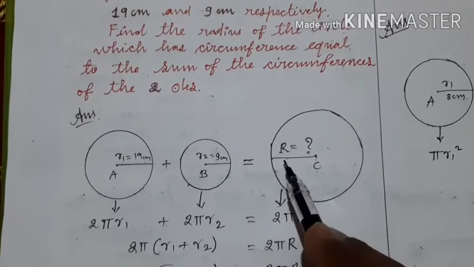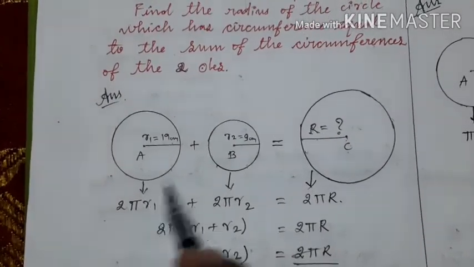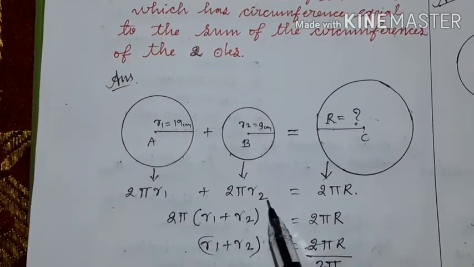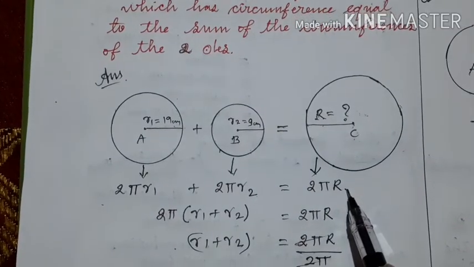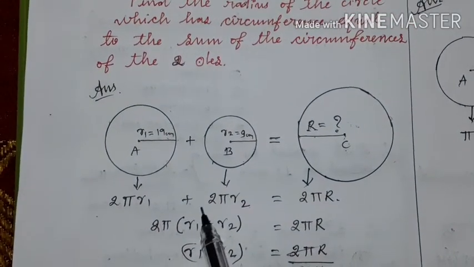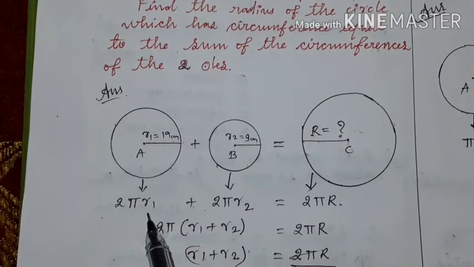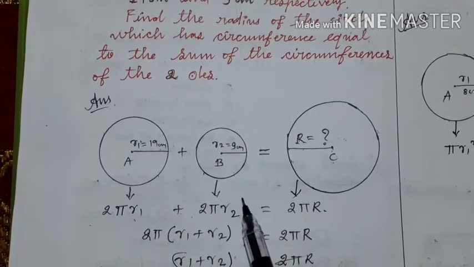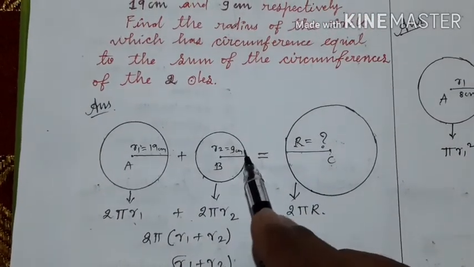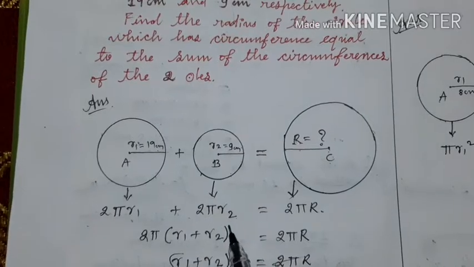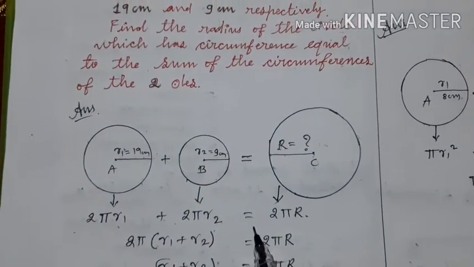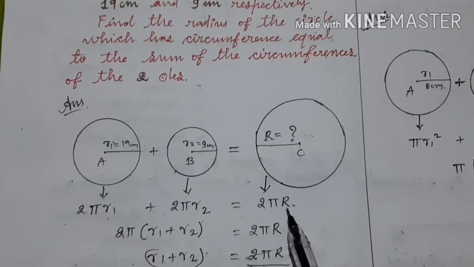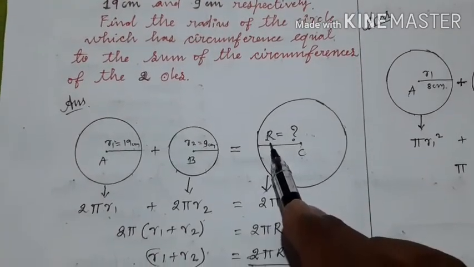So children, according to the question here, 2 pi R1 plus 2 pi R2 is equal to 2 pi R. It means the sum of the circumference of this circle with radius R1 equal to 19 centimeter and with radius R2 equal to 9 centimeter, that is 2 pi R2, is equal to 2 pi R, where R is the radius of the new circle.